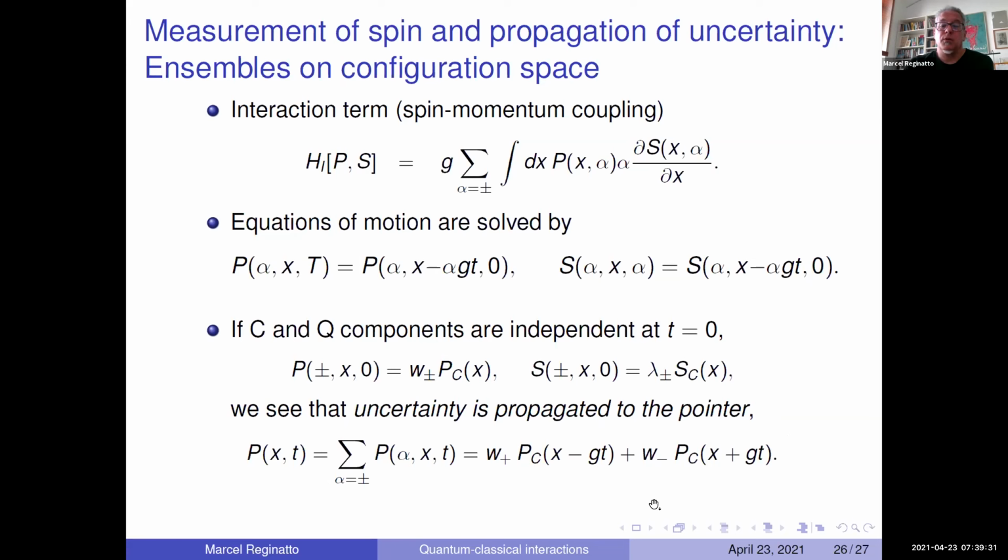And with probability W minus, you will see the pointer move to the left. So this satisfies this condition that Jonathan was presenting of diffusion, or I would formulate it here in terms of propagation of uncertainty. And this is also a big difference with other hybrid systems.